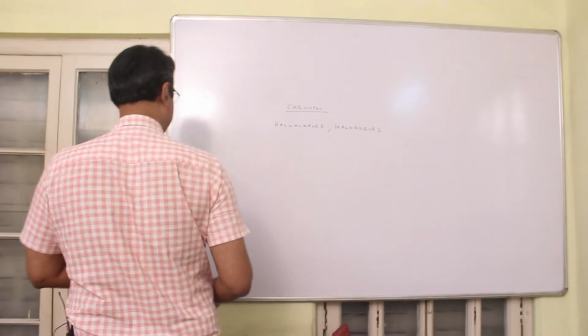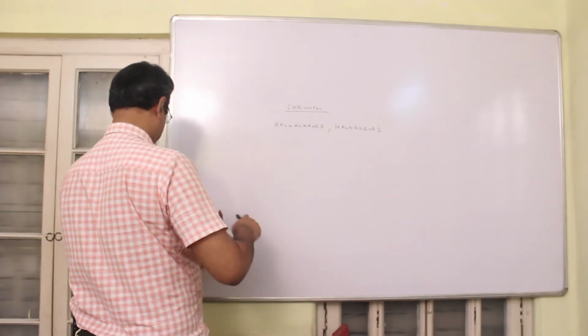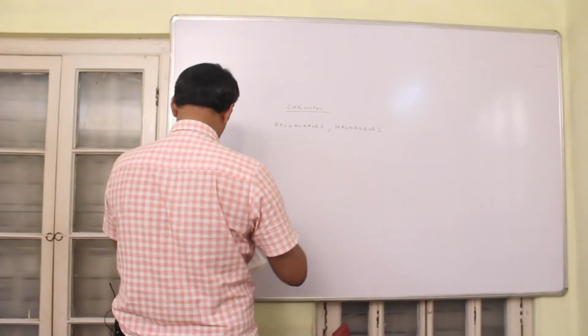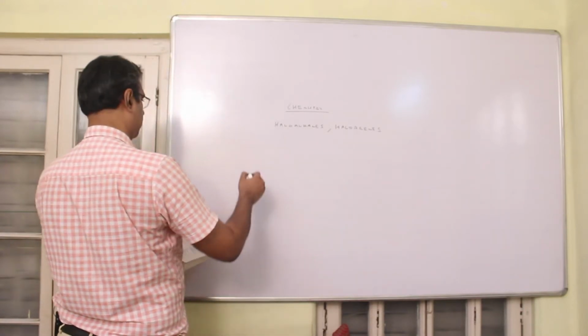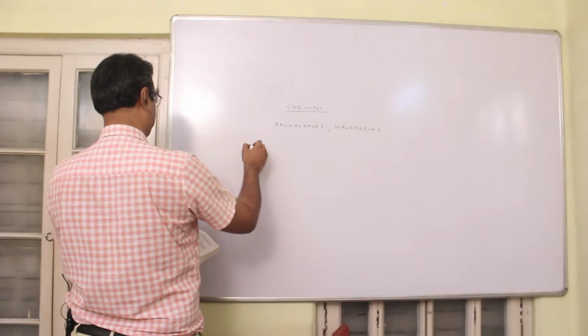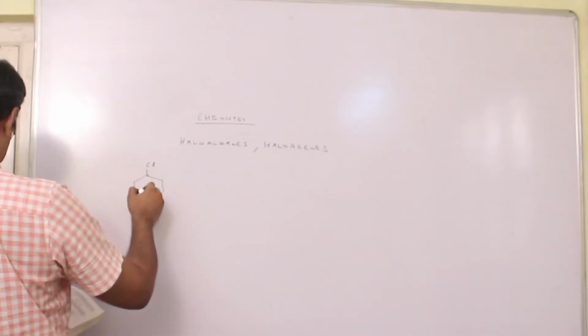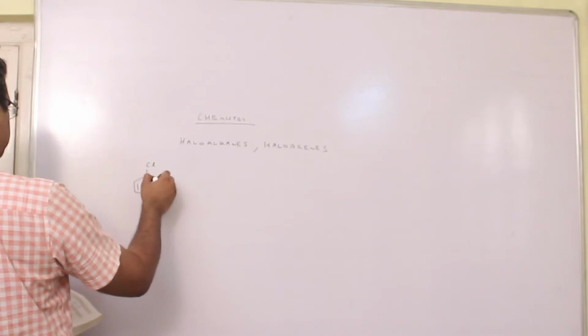Now one thing which is very clear is that the NO2 group has to be present at ortho or para position only. Now let us see why this is so.